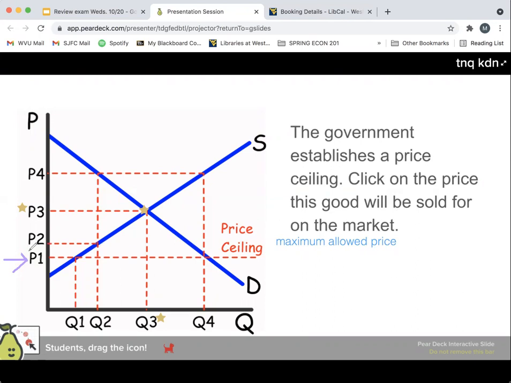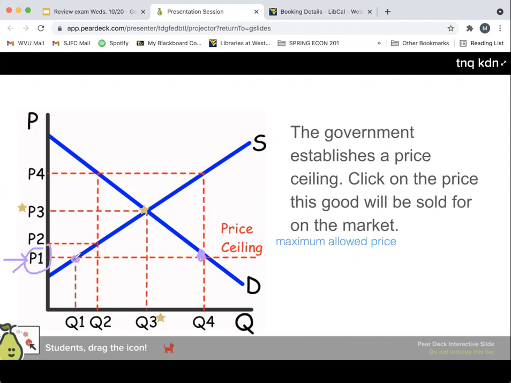So click on the price this good will be sold for. So once again, we're now going to be at P1, and we're also now going to see a massive shortage in this market because of this price ceiling. So when government comes in and legally lowers this price, more people come into the market, we have a higher demand, and they say, oh, for that price of P1, sure, I would buy this good.